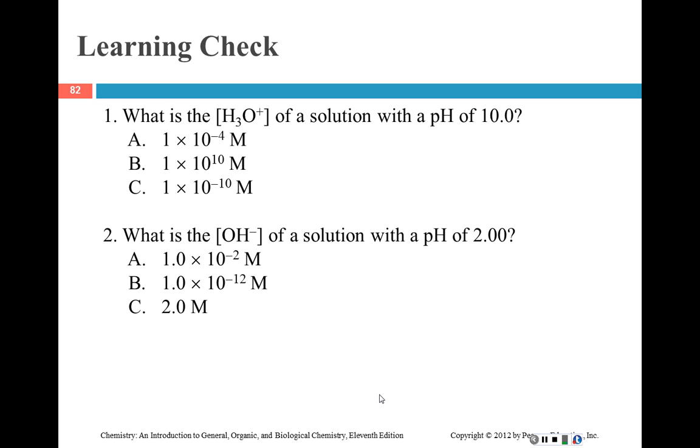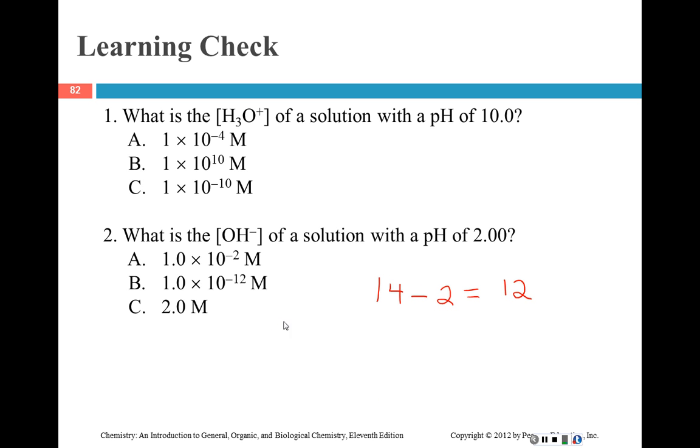Now, what is the hydroxide ion concentration of a solution with a pH of 2? This one you have to do one more step. If the pH is 2, what is the pOH? Well, it's going to be 14 minus 2. It's going to be 12.